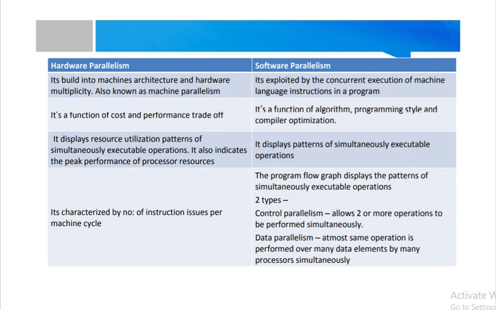What do you mean by issues? Hope you remember the concept of pipelining. What is it? Fetch, decode, execute, write memory, right? Each of these steps is called an issue.